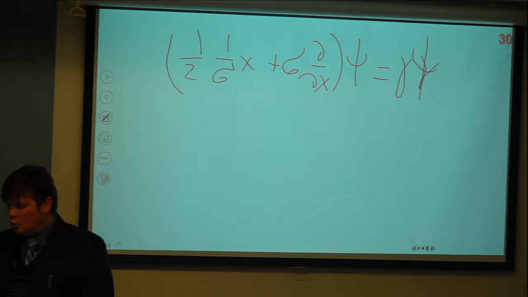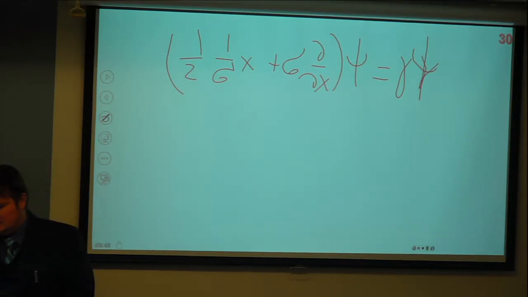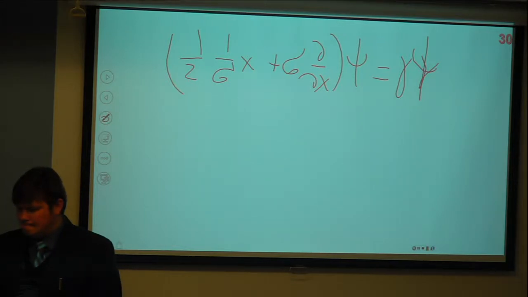It's a little more complicated equation than the one we were solving before, but it is still solvable. So what do we do?